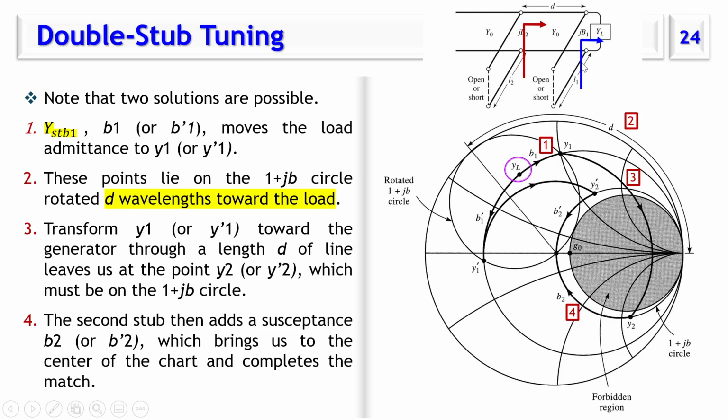So the blue curve: the input admittance at this blue point after the first stub would be located on this circle of constant real part. Now looking at this point here, just before the second stub, we need the input admittance to be 1 plus jx. So the locus for 1 plus jx is this circle here.